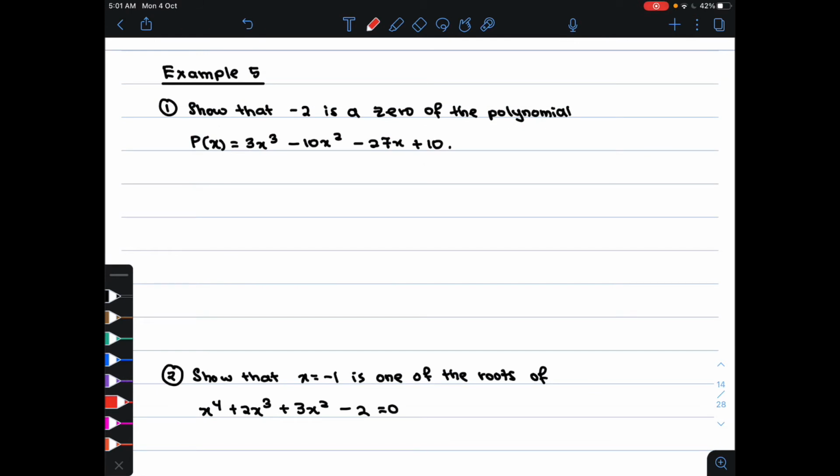Let's do example 5, question 1. We need to show that negative 2 is a 0 of the polynomial p(x). So what we're going to do is substitute x equal to negative 2 into p(x).